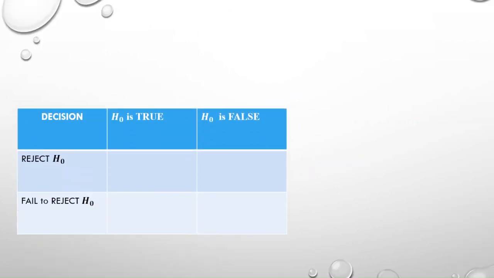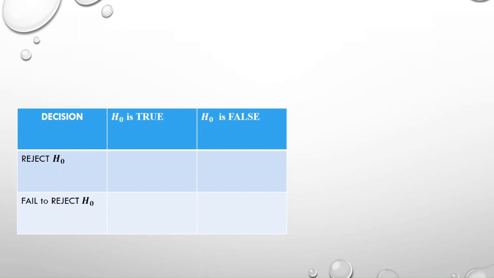In the last lecture, we covered the null hypothesis and the alternative hypothesis. If we have a null hypothesis, then either we reject the null hypothesis or we fail to reject it, which means we accept it. Now, if we are rejecting the hypothesis and H0 is false, then there would not be any error.